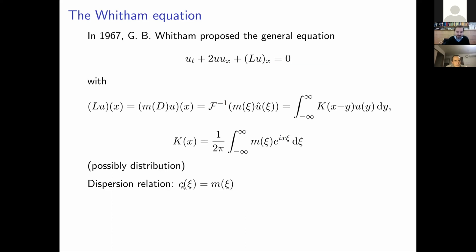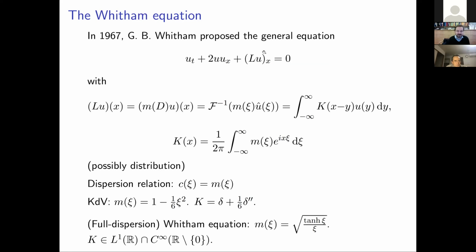The dispersion relation would simply be that the linear wave speed is just this symbol M. And for the KdV equation, this is the symbol, and the corresponding integral kernel will actually be a distribution.